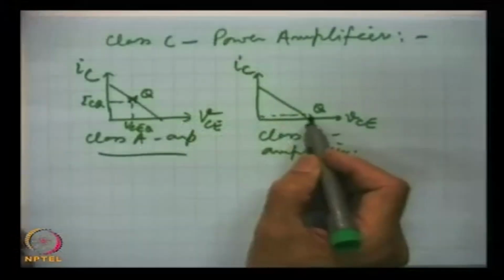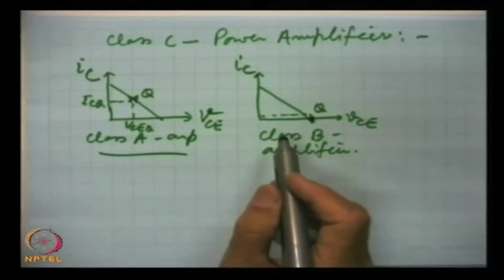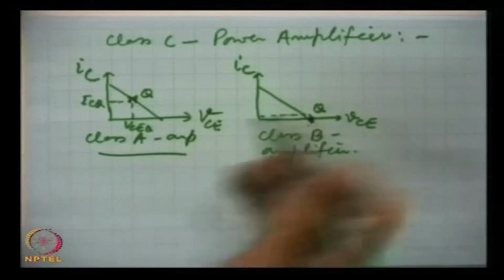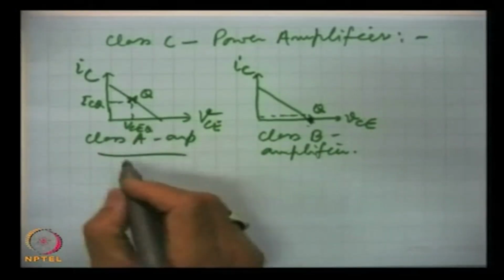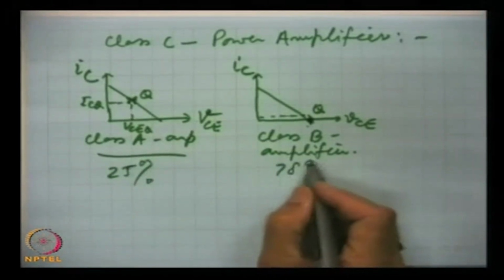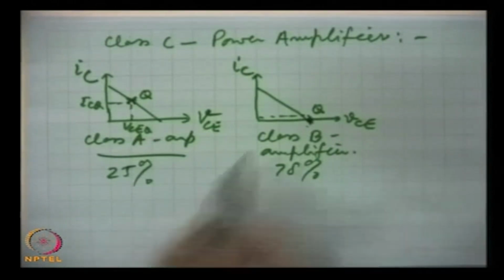When the input signal comes, then the transistors will conduct, and the whole process starts. The efficiency here is 25%, here it was 78.5% theoretical, but practically the efficiency is close to 70% in well designed circuits. Now, this was the cutoff point.